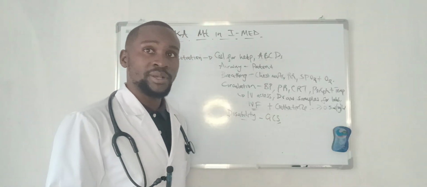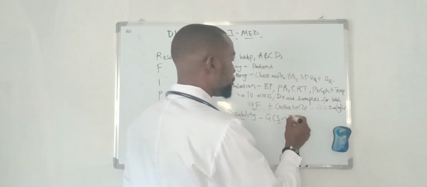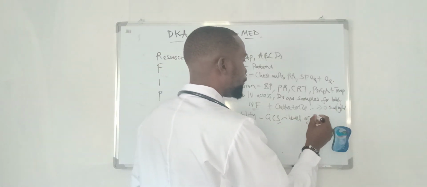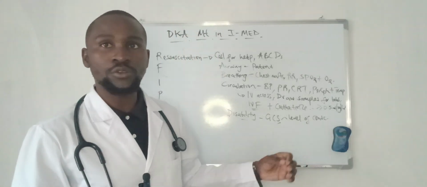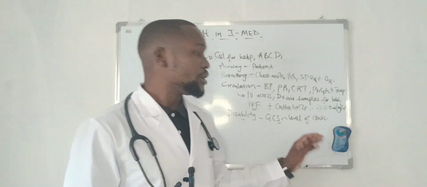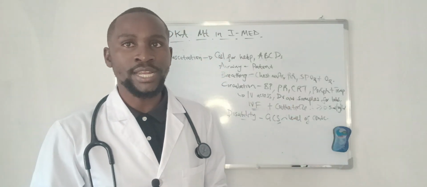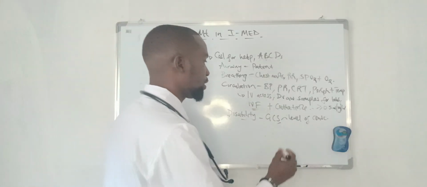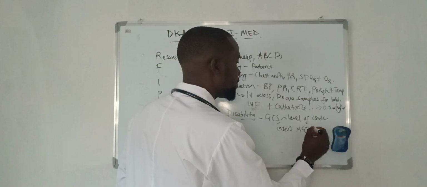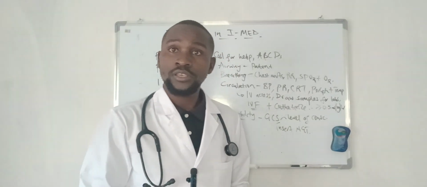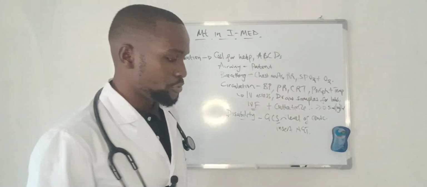GCS is the Glasgow Coma Scale, and this will tell you the level of consciousness. So if the patient is not fully conscious, or is gasping, you need to insert an NGT so that their airway is protected and they do not aspirate.